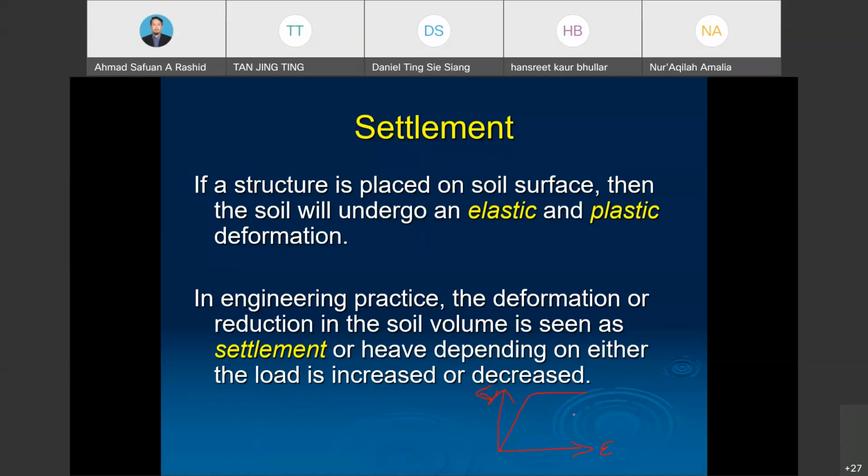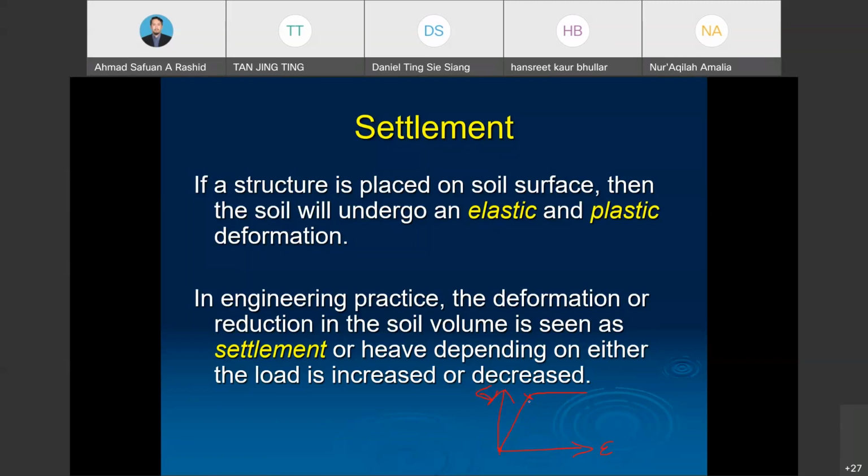However, when we load the soil, for example using the design load, the design load should be in the range between 0 and the yield point.